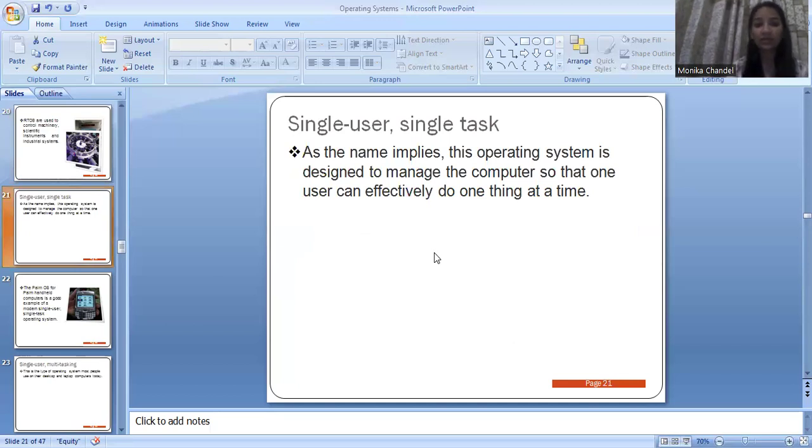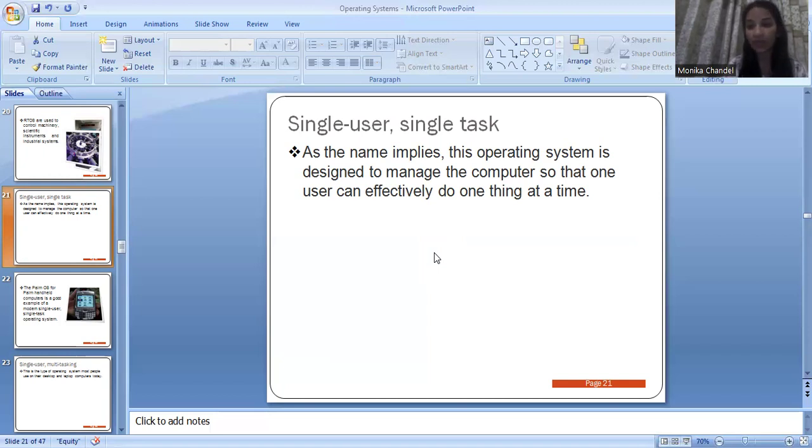So the next one is single user, single task operating system. As the name implies, the operating system is designed to manage the computer so that one user can efficiently do one thing at a time. As the name defines, single user, single task means a single user can perform a single task on a single computer.